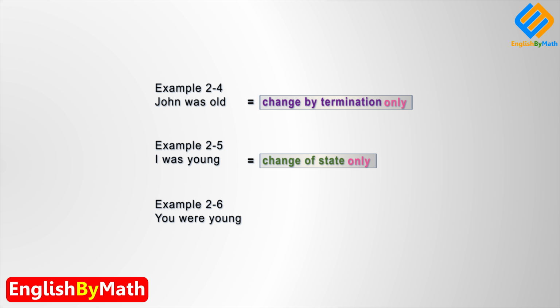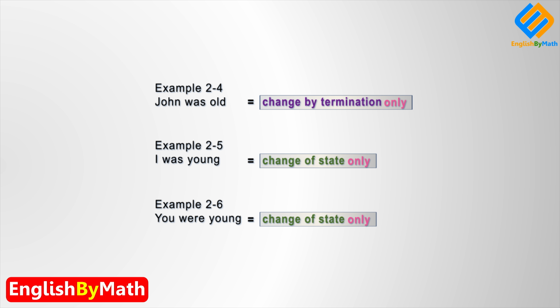You were young. The same thing applies to example 2.6, change of state only. We understand that the speaker is talking to someone who was young and is now old. This someone is still alive because we do not speak to dead people.